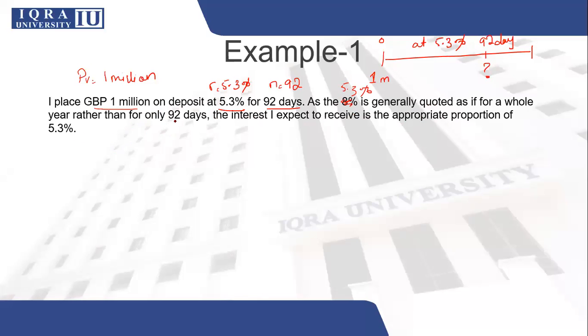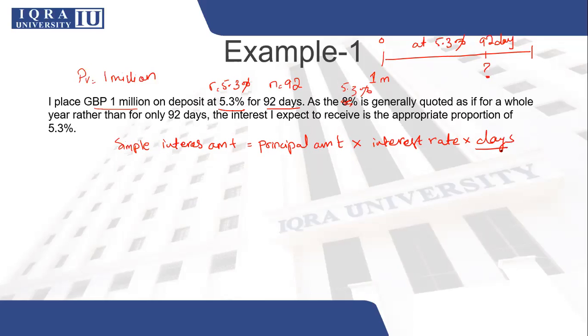So first, let's calculate the simple interest amount. The formula is the principal amount multiplied by the interest rate multiplied by days divided by year.